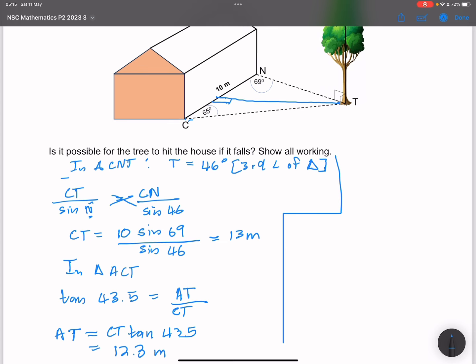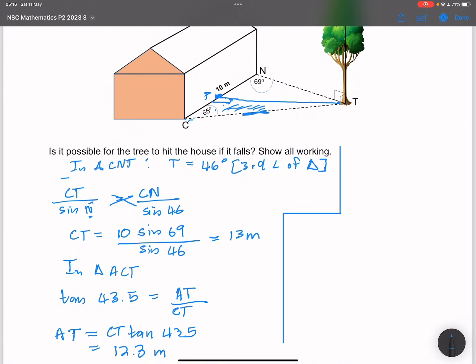So I'm looking for the vertical height. I'm taking this triangle over here, and I'm going to look for that distance from the house. You can call this point PT. That's going to be the opposite side, and I've got the hypotenuse, which is CT. Opposite over hypotenuse, that's going to be sine.